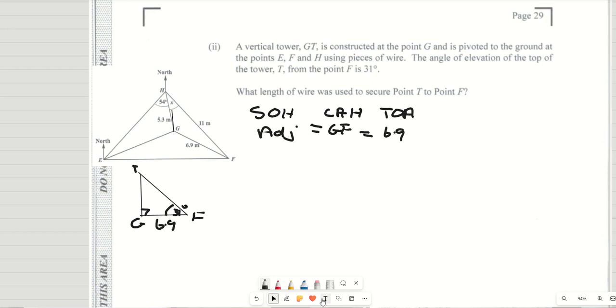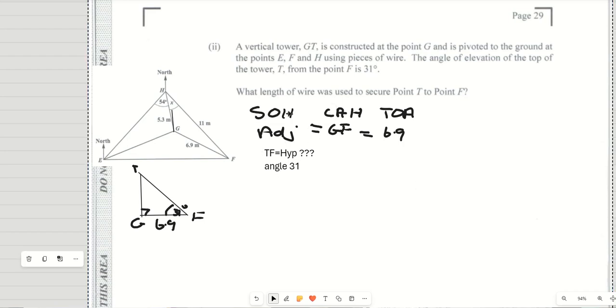I'm going to type this out because I don't know what is going on with my handwriting today. Then we have TF, which is your hypotenuse. We're not exactly sure what the hypotenuse is. This is what we have to find out. Then we have the angle, which is 31 degrees.